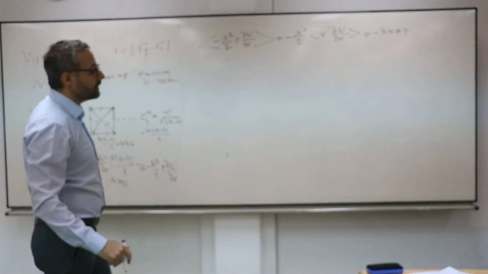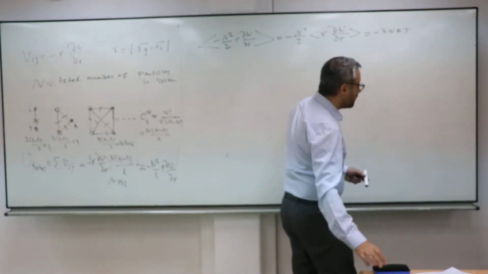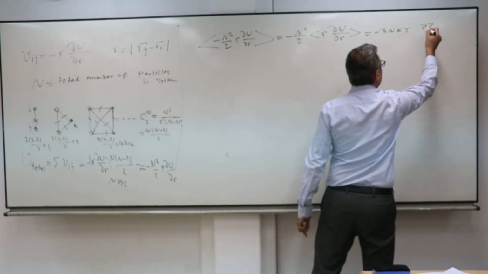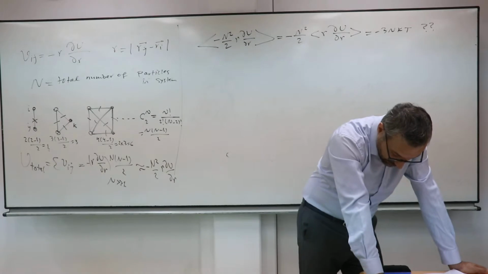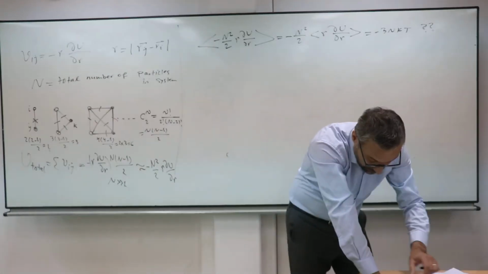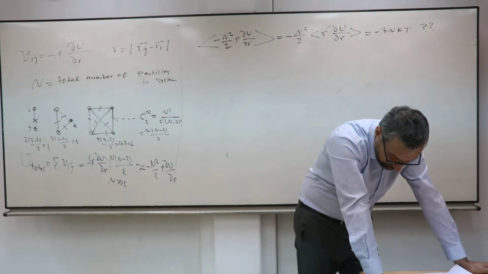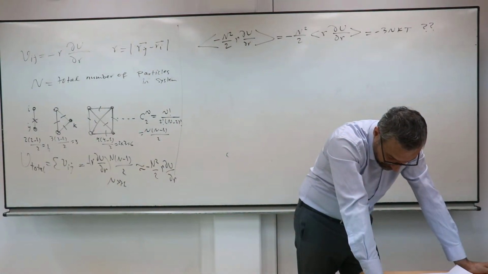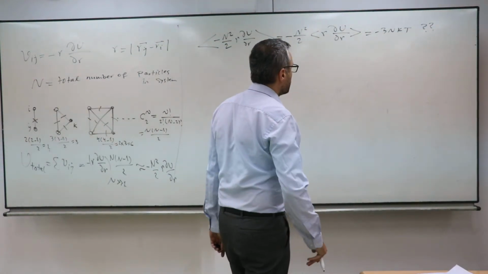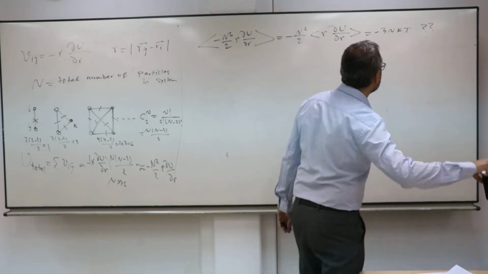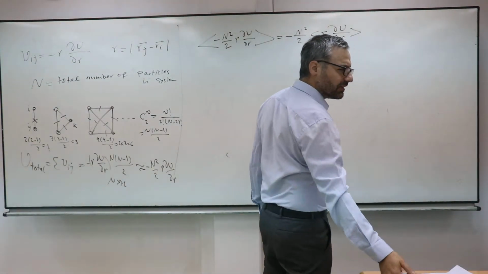And from here you can get the equation of state, and this will be proportional to the pressure. Anyway, I wanted to calculate this average. Let me not write that first. We are just going to calculate this.